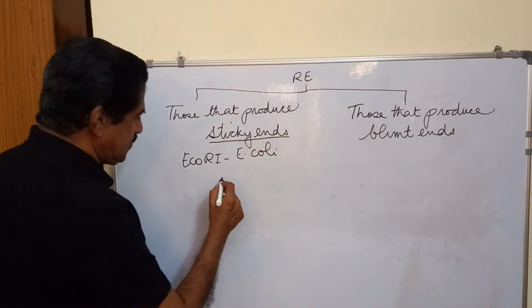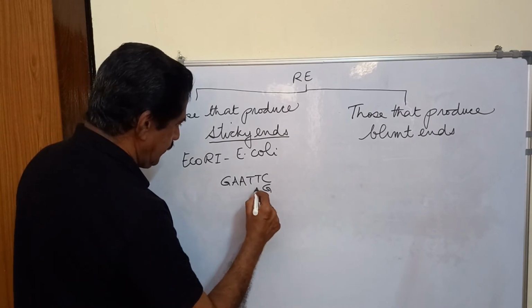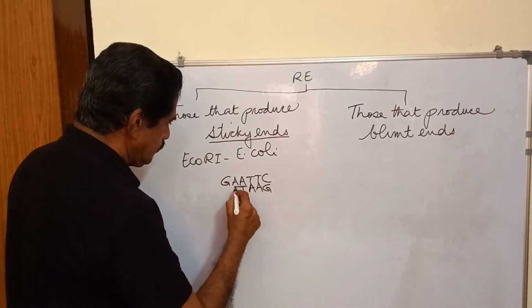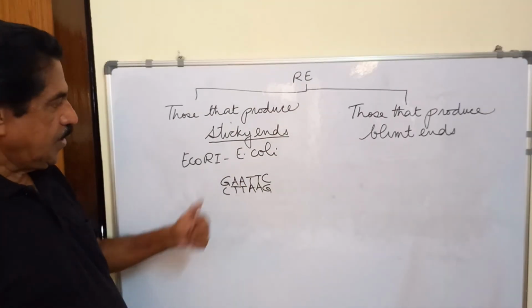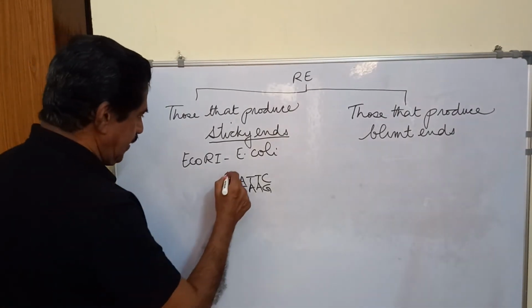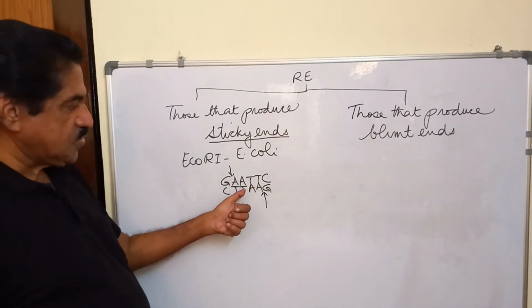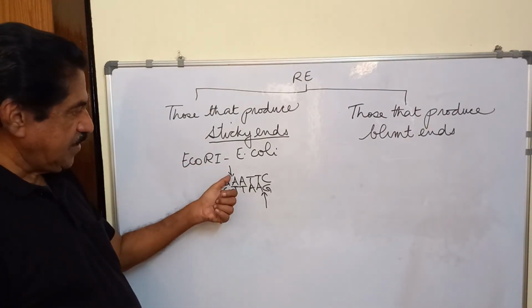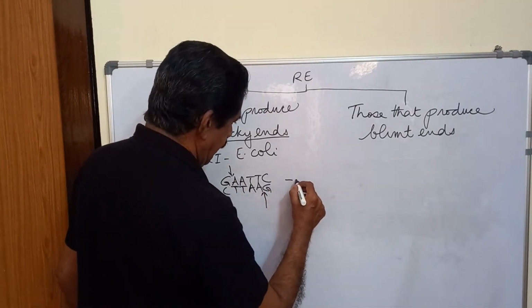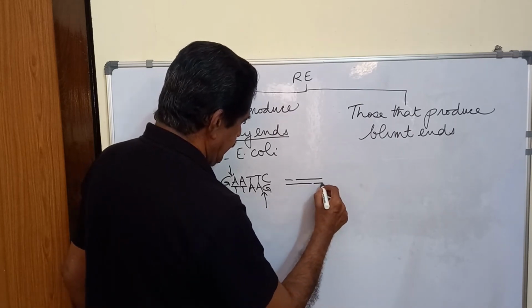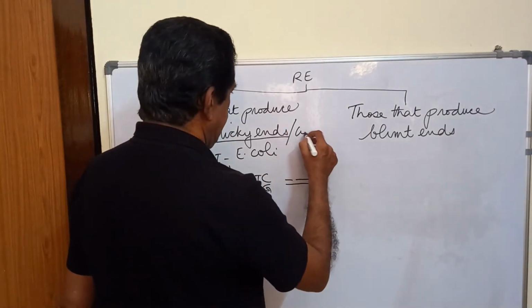This has the recognition sequence GAATTC. I told you earlier, this is a palindrome. See, EcoRI cuts the DNA at these locations here. So wherever this sequence is found, it cuts the DNA at this location. So the ends of the DNA we get looks like this. These are called sticky ends or cohesive ends.